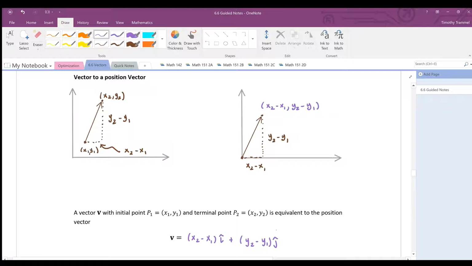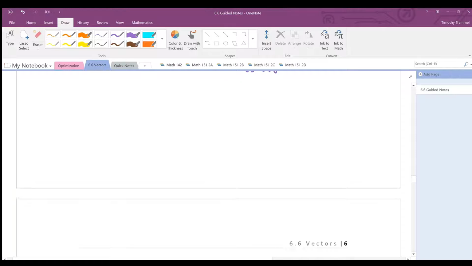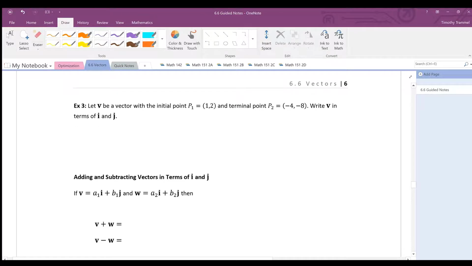And so that's all we have to do. If it doesn't start at the origin, but we want to write it in terms of i and j, all we have to do is subtract the x values, write i next to it, subtract the y values, write j next to it. All right, and we're going to try that right now.